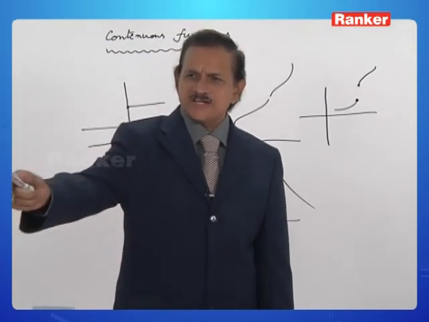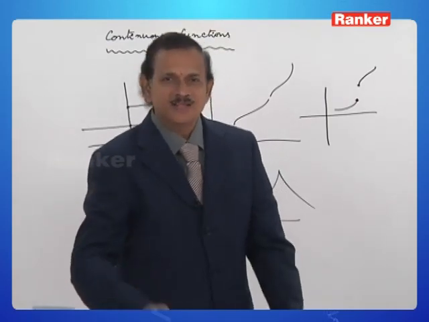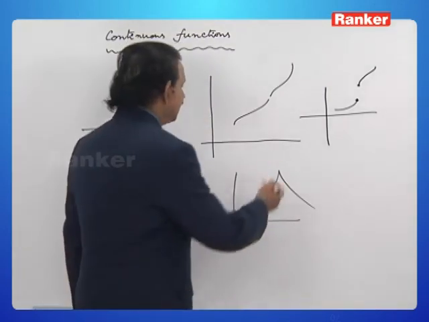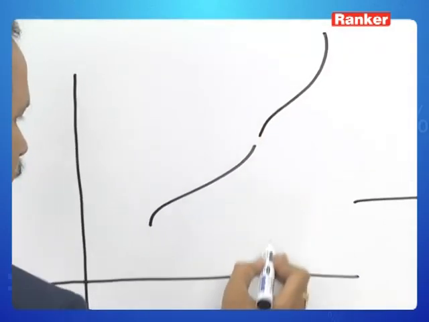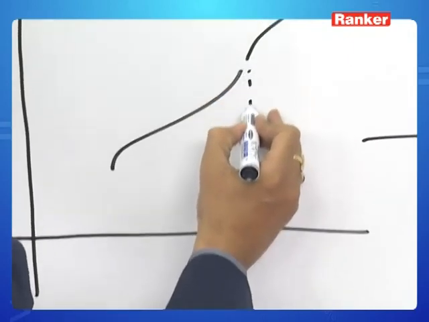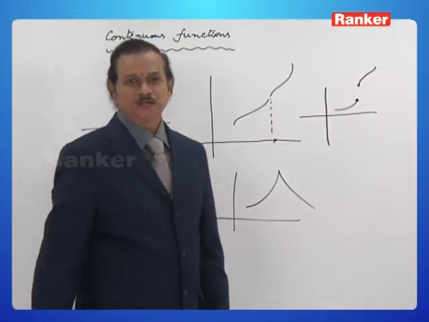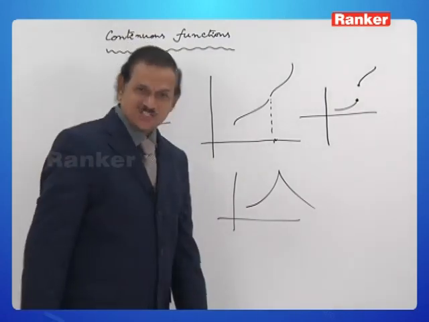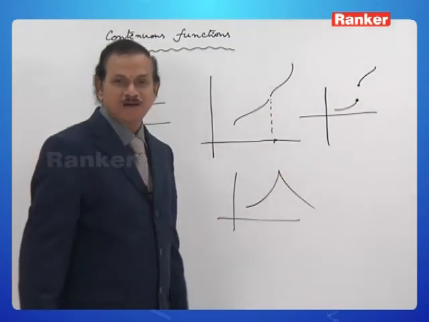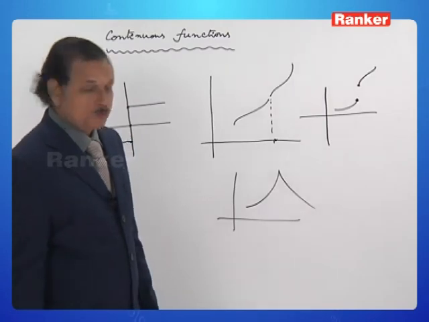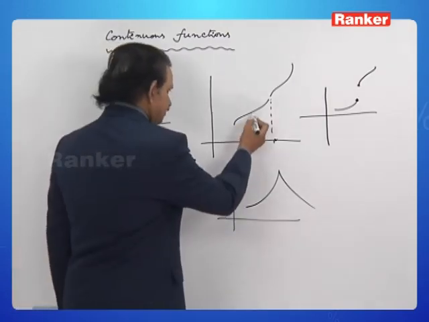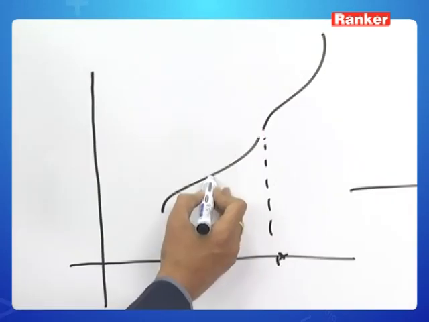Is the function continuous at x equal to 1? It is a meaningful question. Suppose this is the point x is equal to 1. At this juncture there has been a break for the graph. Clearly the function is discontinuous at the point x equal to 1. Whereas suppose this is half or 0.7 or something.